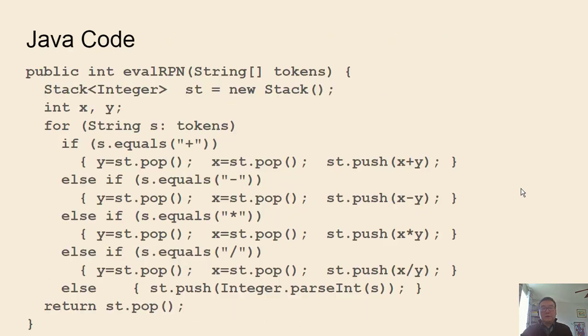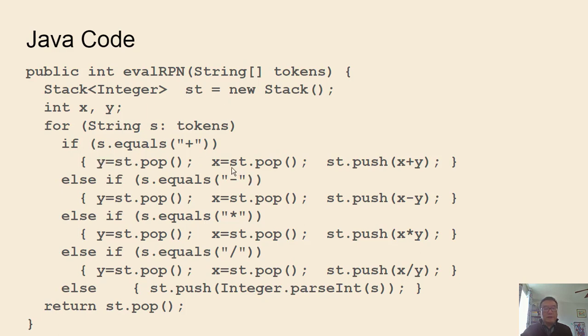So let's look at the Java code. Here I actually use a Stack, even though it's not recommended, just to illustrate the concept of a stack. So we create a new stack, and we iterate through all the tokens. If it's a plus, we pop two values x and y.